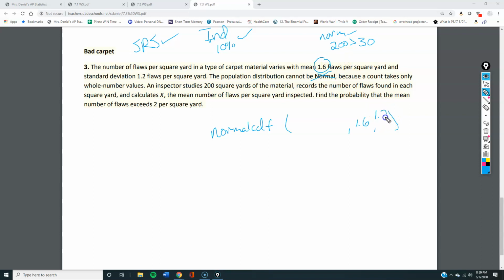Standard deviation is going to be 1.2 divided by square root of 200, right? And I'm looking for 2 or more, so from 2 to 99999. When I plug that in, I get 0.0000001. So there's basically no chance of finding more than 2 errors.